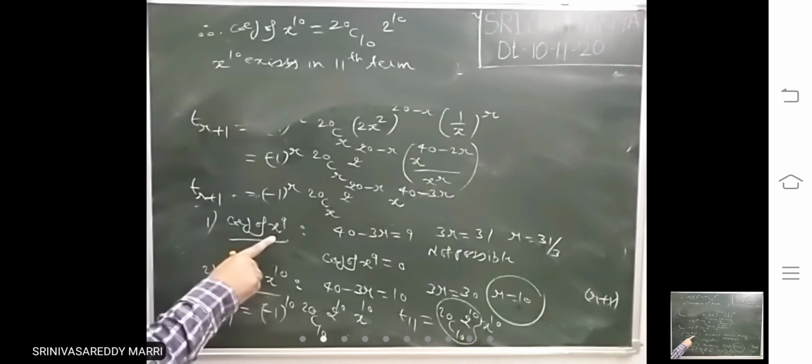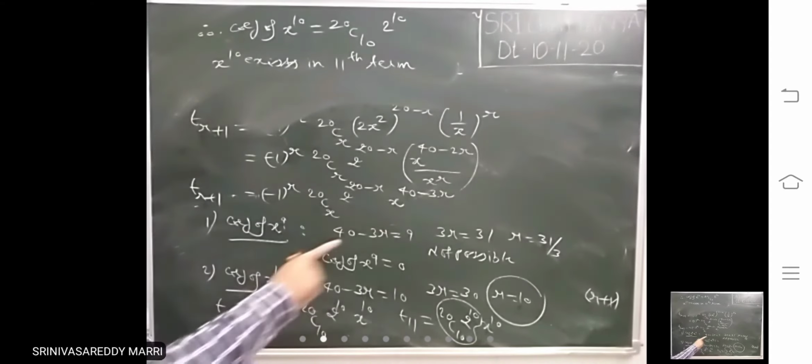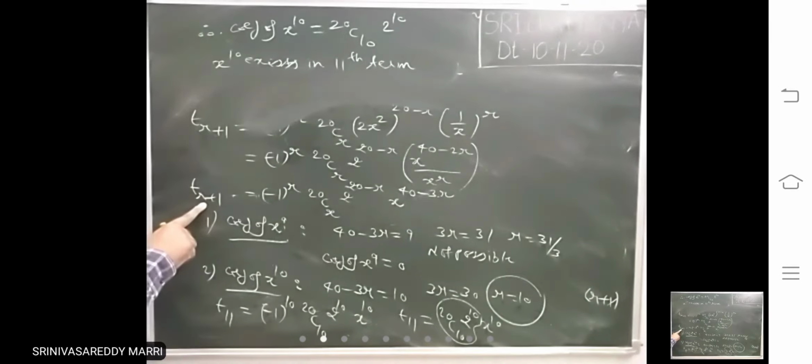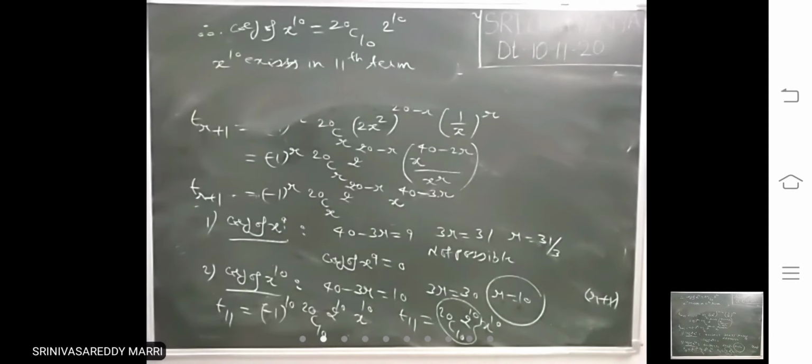Equate the power to 9 if you are asked for 9, or 10 if you are asked for 10. Calculate r. After calculating r, write the term by substituting r. First find the term where it exists. Then after writing the term, whatever is before x power 10 is the coefficient.